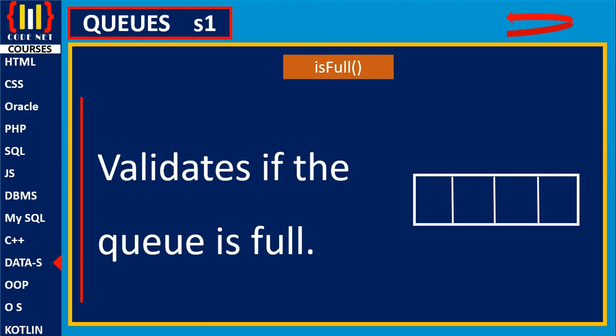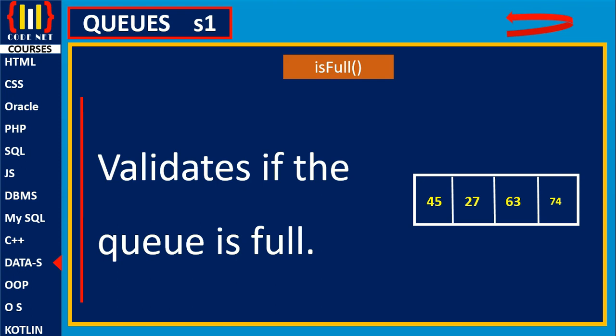If it is not fully occupied, then we need to return false, because it is a Boolean expression. Hence if this queue has 45, 27, 63, and 74 and we pass in the operation isFull, then definitely we'll see true, which is a 1, saying, yes, of course the queue is fully occupied. So this is another operation when it comes to queues.